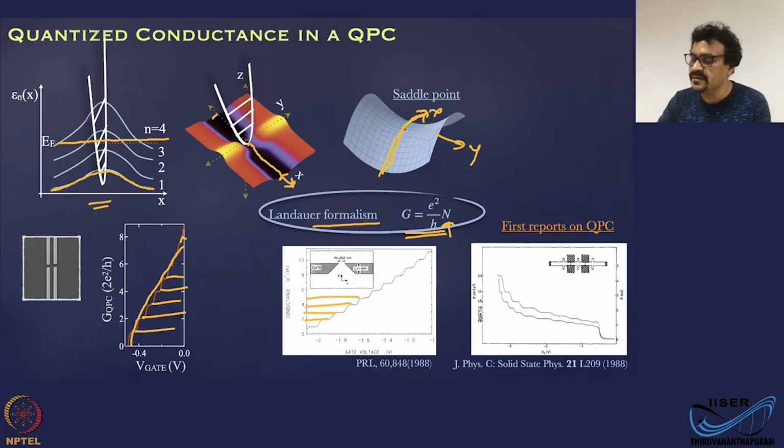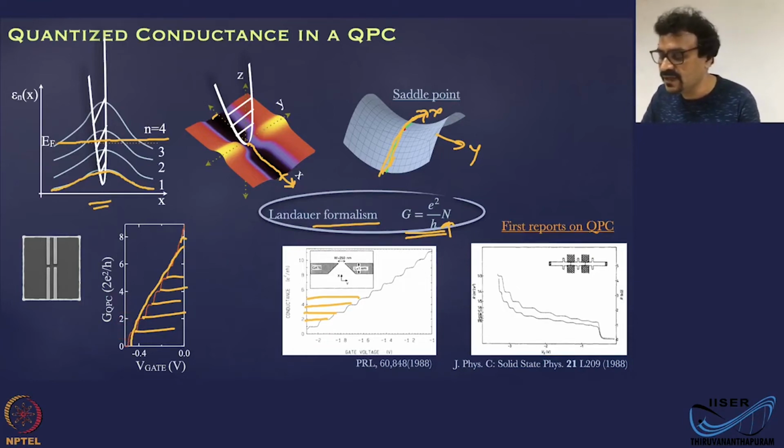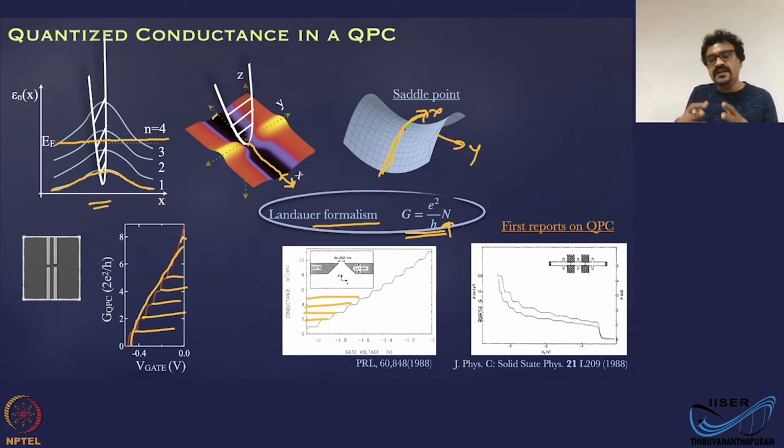Here, one thing you need to be aware of is that the conductance is varying not in e square by h, but in 2e square by h. It is 1, 2, 3, 4, and so on, in units of 2e square by h. But that again depends on whether you have spin degeneracy or not.